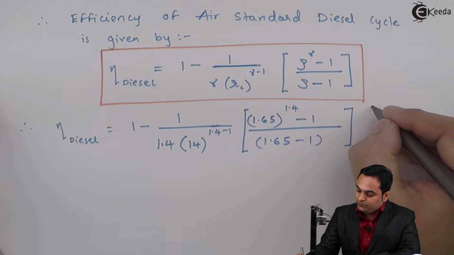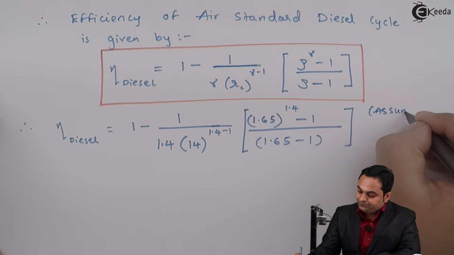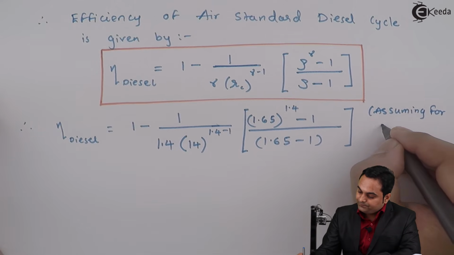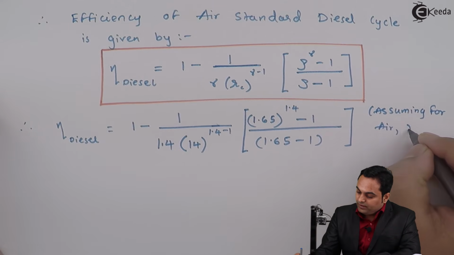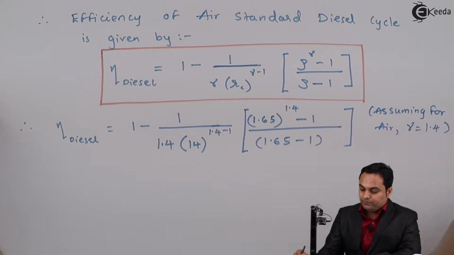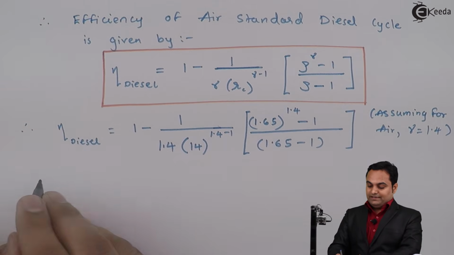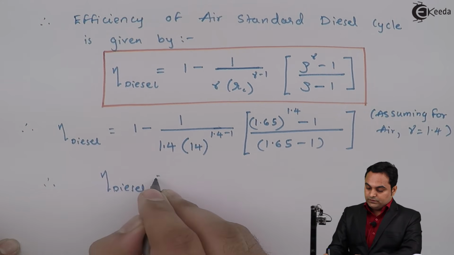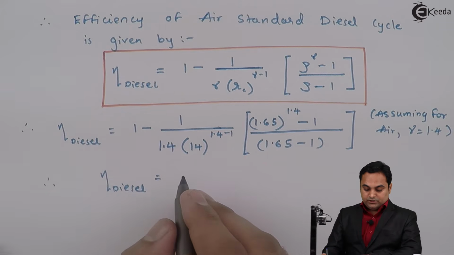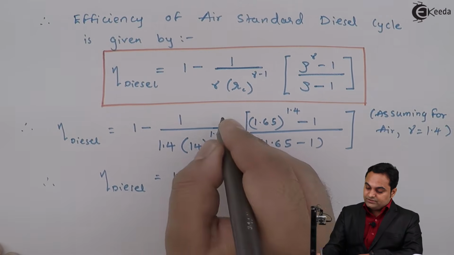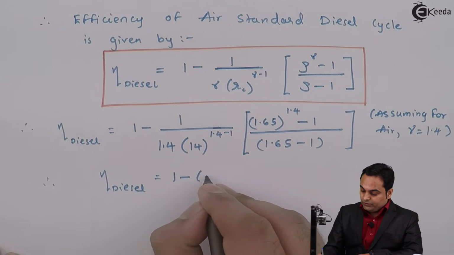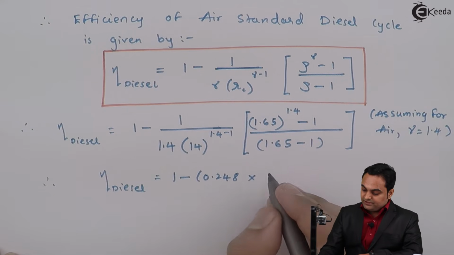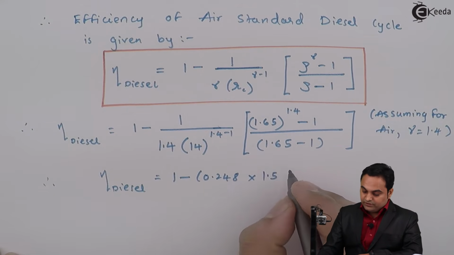So here I'll write down, assuming for air gamma is equal to 1.4. So therefore on calculations here, I'll get 1 minus this term is 0.248 into the term inside the bracket, which is 1.563.